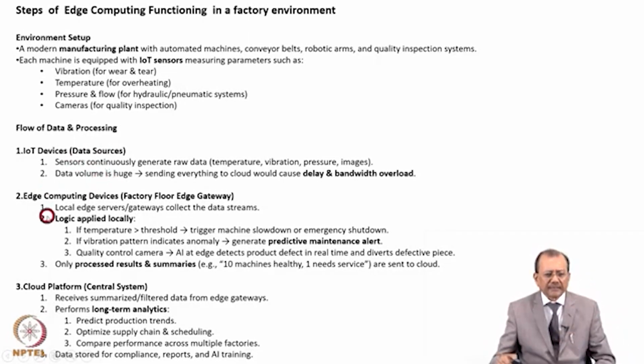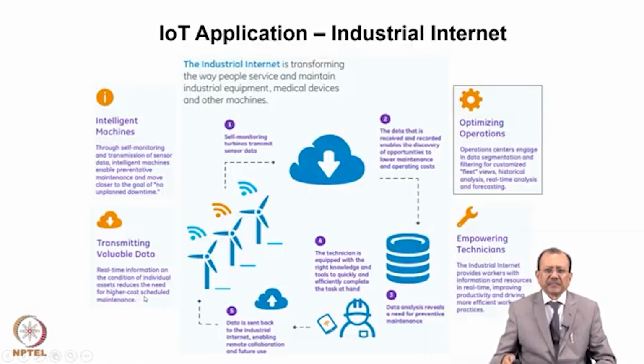Then the data is further processed and analyzed by the edge computing devices that I explained earlier, and the output of that processing goes to the cloud computing system. So this is the basic architecture.